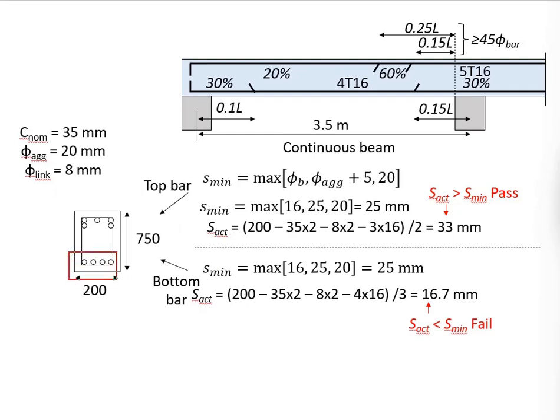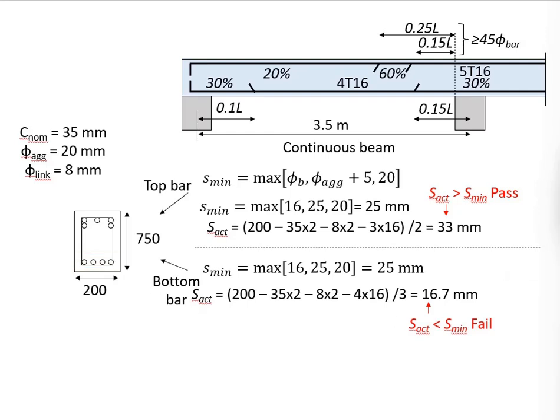Next, you would like to test these arrangements of the reinforcement. Take the width minus 2 cover minus 2 link size minus 4 units of 16 mm rebar. There are 3 spacings in between. That means this whole thing here is divided by 3. Your spacing available between the rebar is 16.7 mm. This is not sufficient. Therefore, you cannot have the reinforcement bar arranged in this manner.